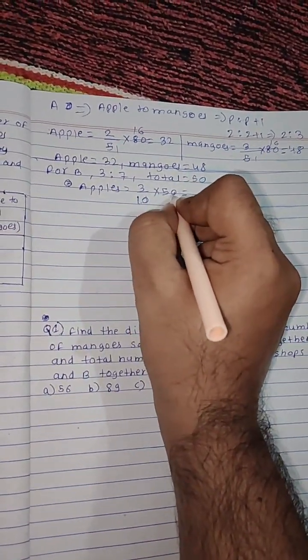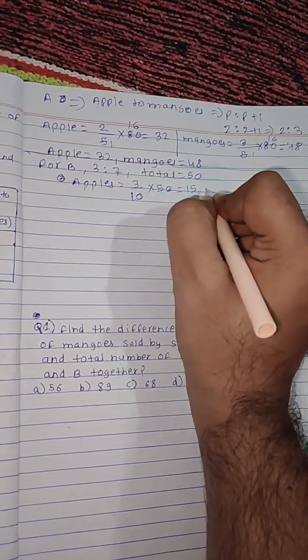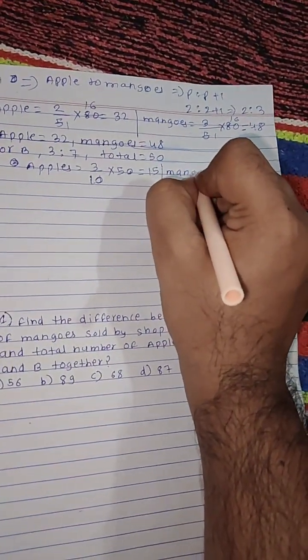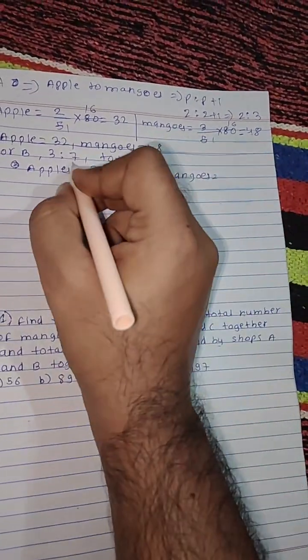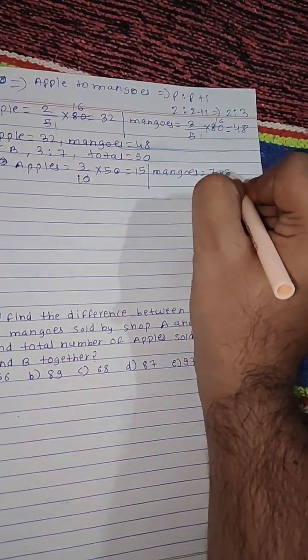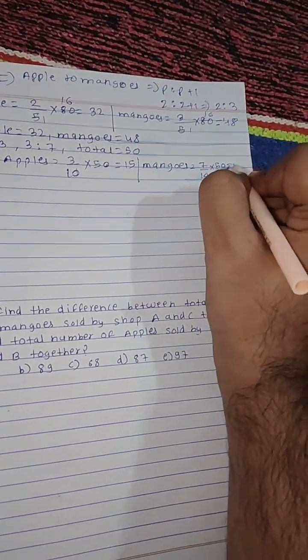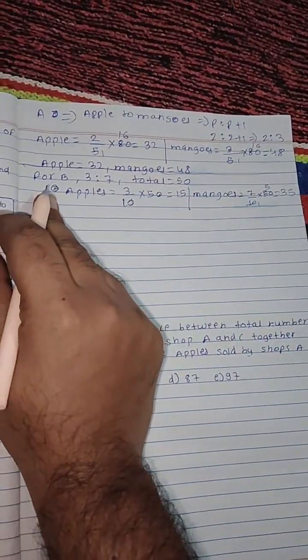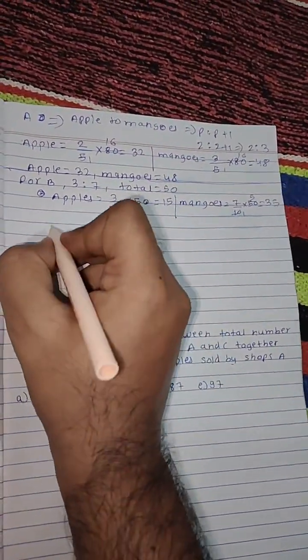So 10 fives are 50. So it is 15. And for mangoes it is 7, so 7 by 10 into 50. So it will be 5, 10 fives are 50. So it is 35.